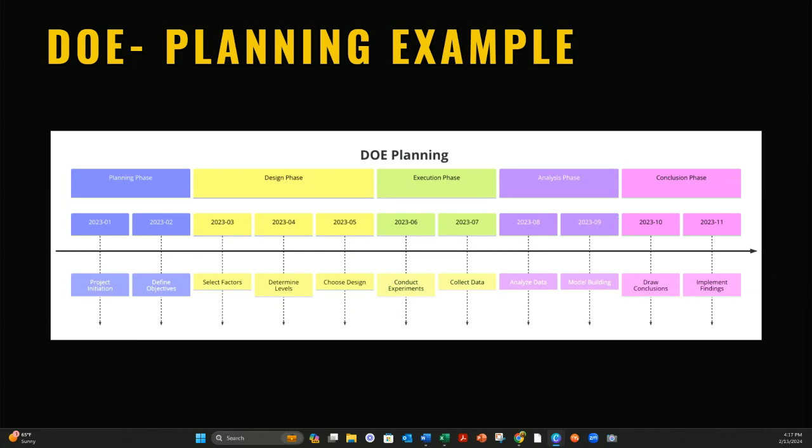Planning and designing of experiments is a critical step in the process improvement and problem-solving methodology. When we use effective DOE, we can plan to ensure that the experiments are structured correctly to yield reliable and insightful data. We can define what those clear goals are in that project charter, right?